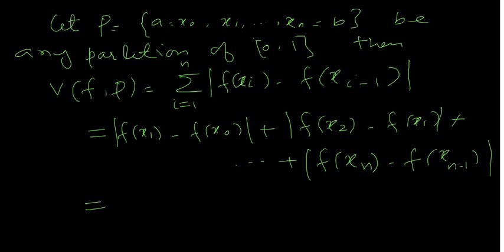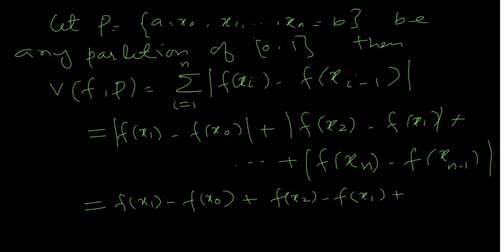It's the same as f of x1 minus f of x0, because it's a positive number, plus f of x2 minus f of x1, plus the last one, f of xn minus f of xn minus 1. Now look at this difference. This is plus f of x1, this is minus f of x1, so this will go.